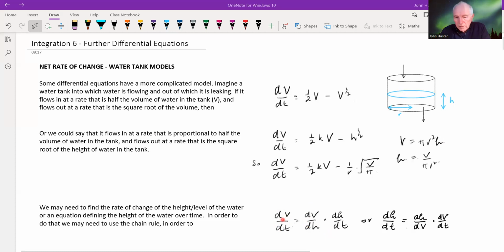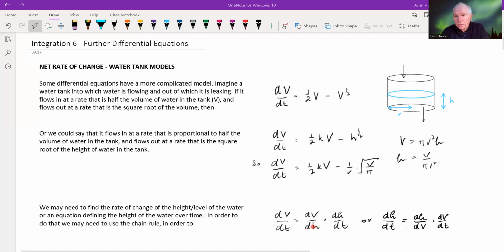Now this basically is the chain rule. I've described before the chain rule as being sort of cancellation for calculus, and that's what we've got here. So the rate of change of volume with time is equal to the rate of change of volume with height. Pretty straightforward here because it's just a linear relationship.